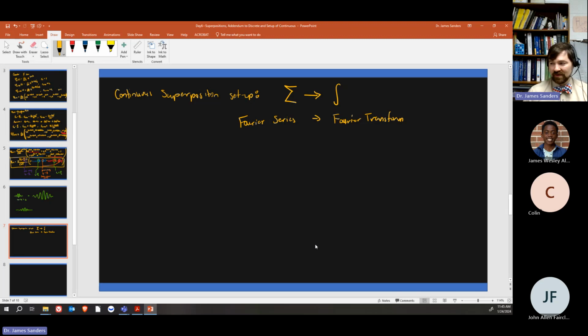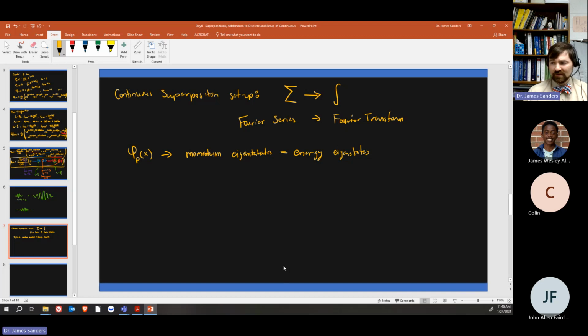Okay, and we're using these right here as our base states. These are the eigenstates for momentum. You know that these are momentum eigenstates, which, as you know, are also energy eigenstates.